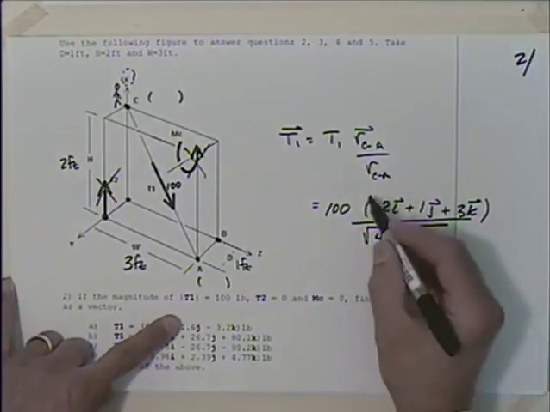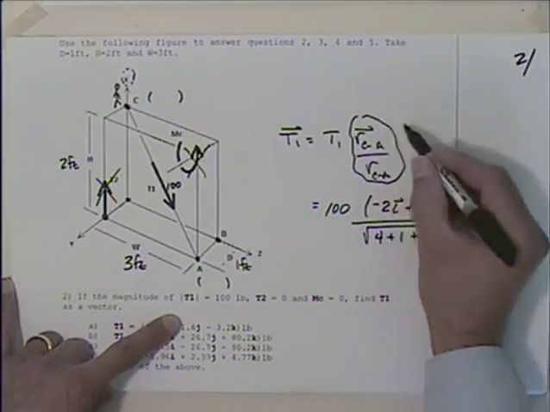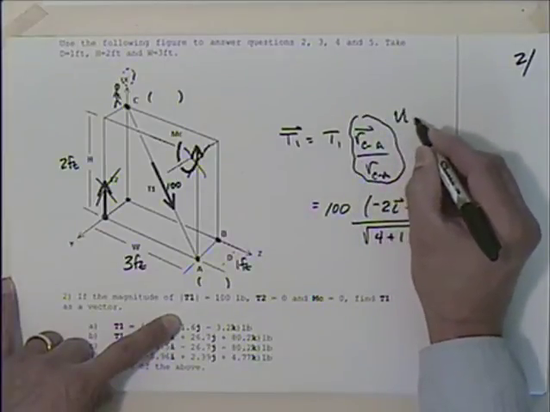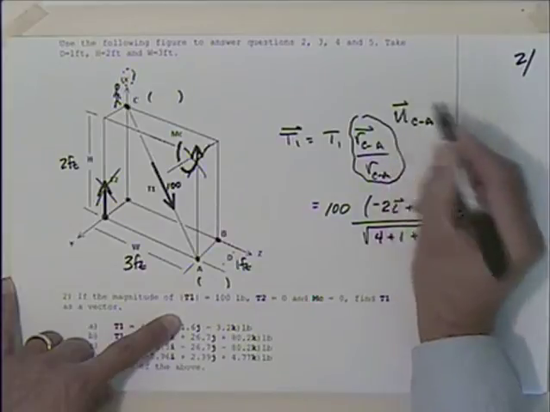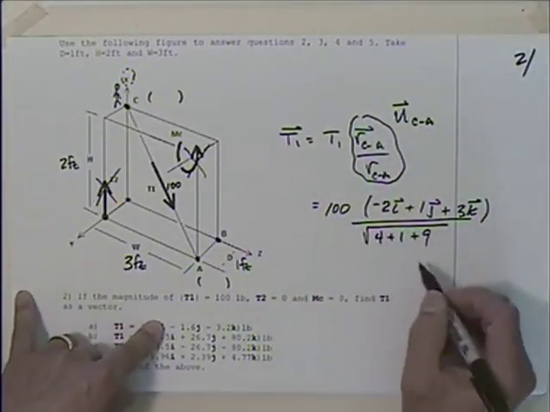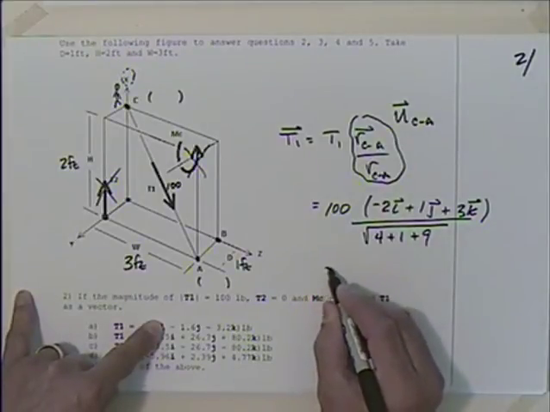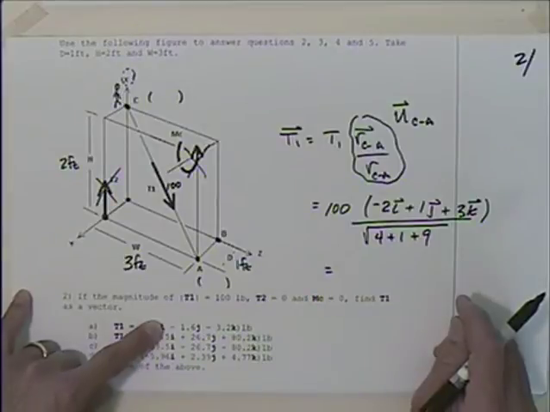Now you could convert, if you wanted to, you could say, take this as the unit vector representing the direction from C to A. And I actually did that in the solutions and went through that. But probably this is just as well. So when you do that, what do we come up with?